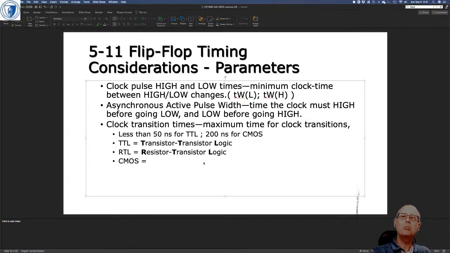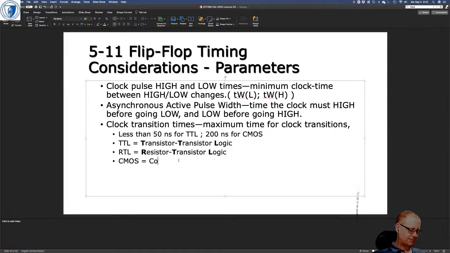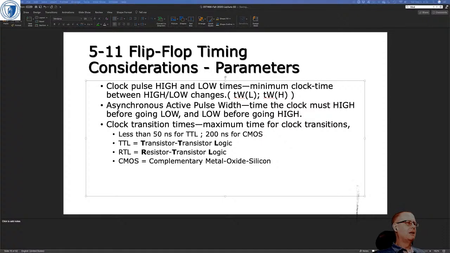It stands for complementary metal oxide, and I think it might be silicon, right? I believe that's true. I'm going to Google it because my brain is just like all of yours at the moment.